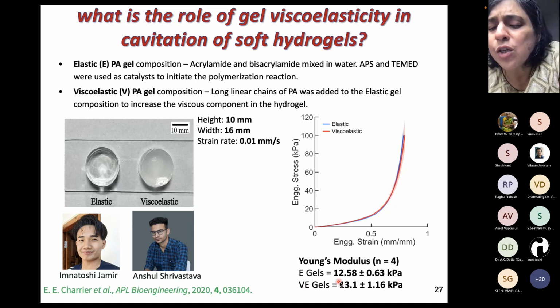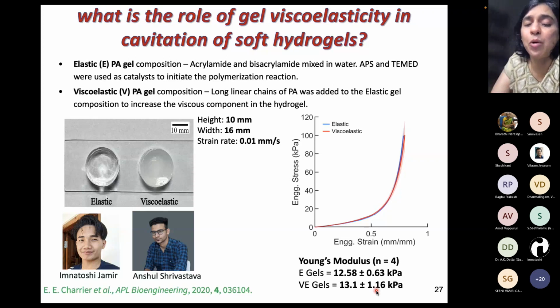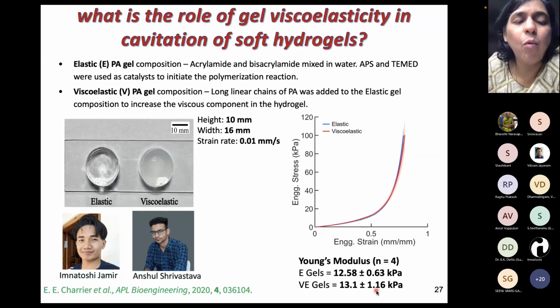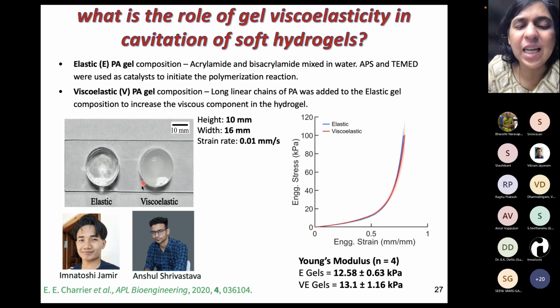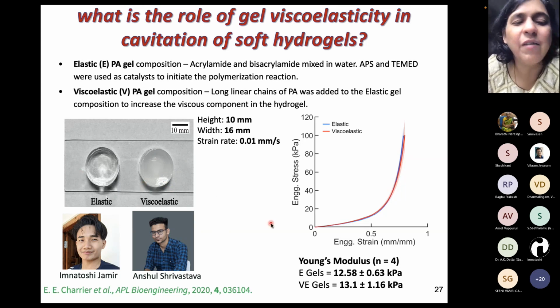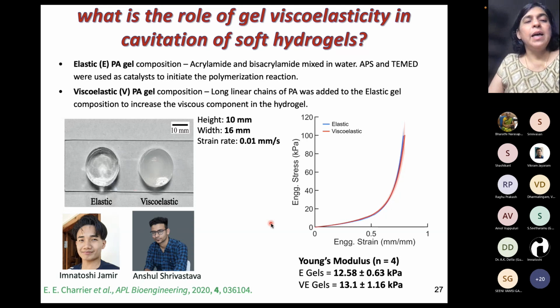The moduli are more or less similar. There's a little more variance in the VE gels because of how we've added the viscous component of the hydrogel. Another feature is that the elastic gels are very soft and almost transparent, whereas the viscoelastic gels have a more milky look, and you won't be able to easily see it, but I'll show you some high-speed videos where that becomes more obvious.